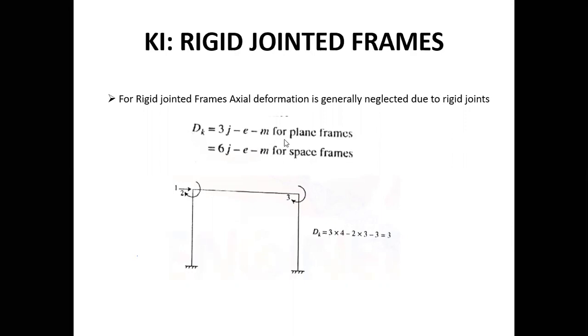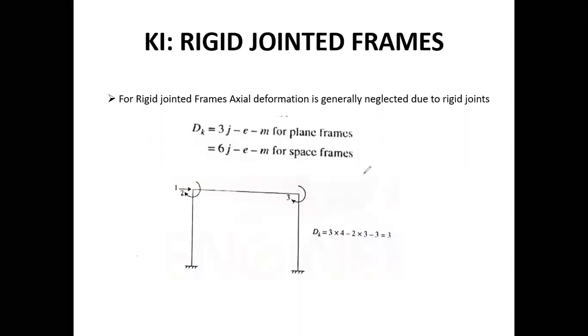The equation of a plane frame becomes Dk equals 3j minus r minus m, and for a space frame it becomes 6j minus r minus m. So if we consider this frame, the total number of reactions is 3 over here and 3 over here. Let me write down.